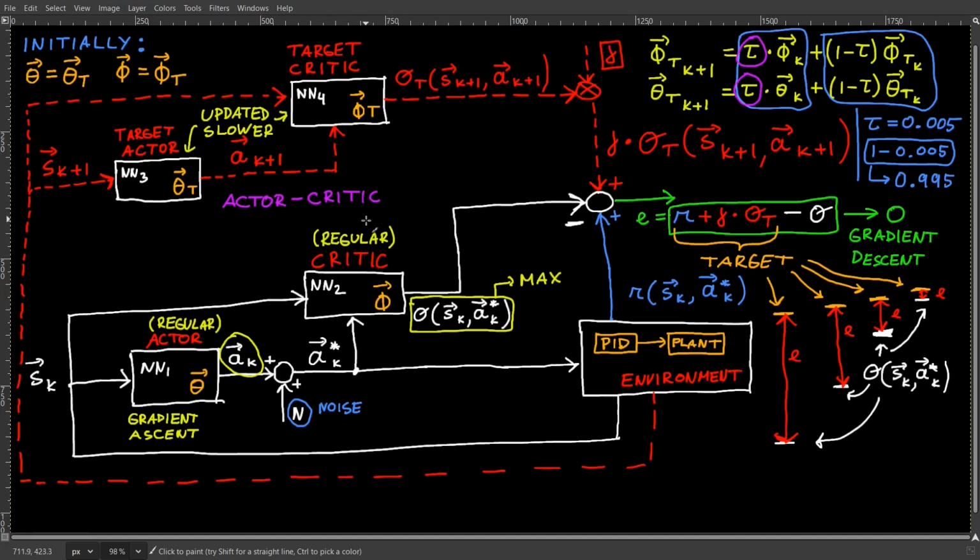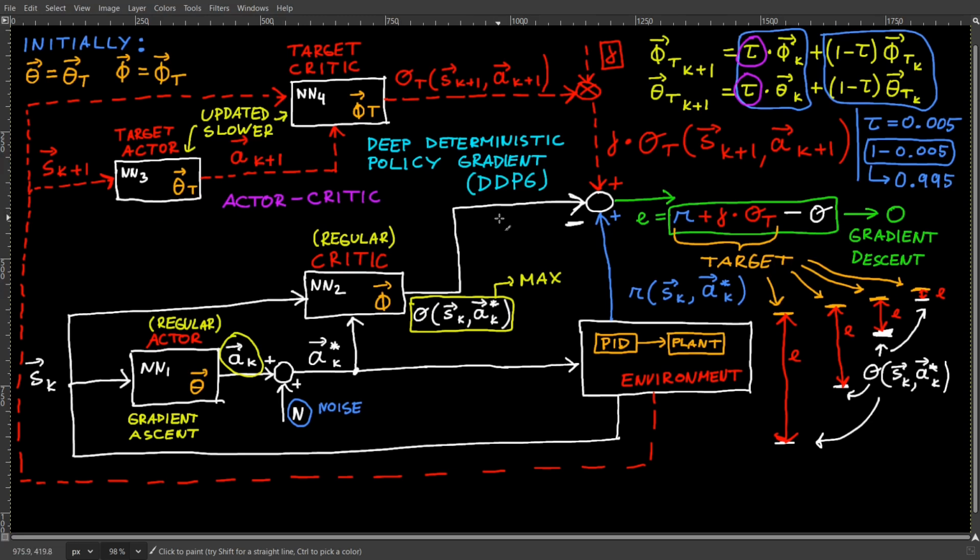It's a family. What I have explained to you here is called Deep Deterministic Policy Gradient, or DDPG. This is one algorithm which is part of this actor-critic family. Another one that I will explain to you next will be TD3, which is also part of this actor-critic family.